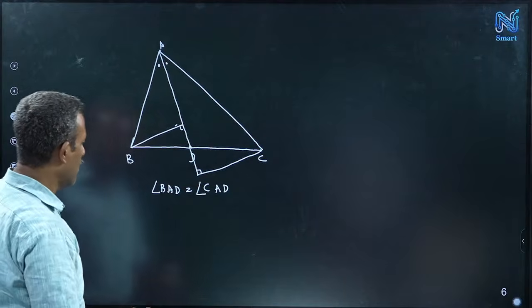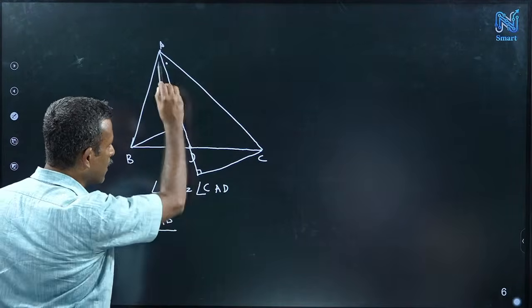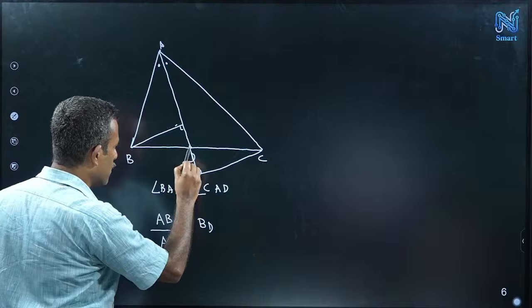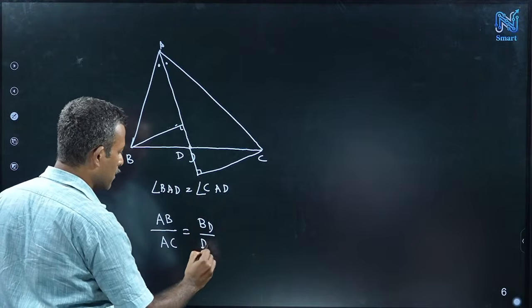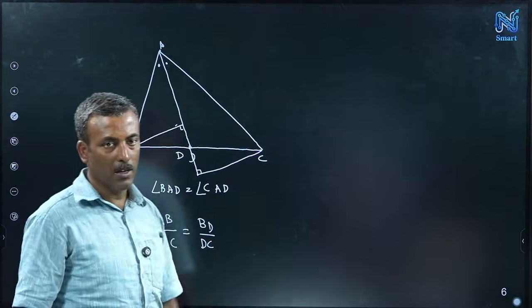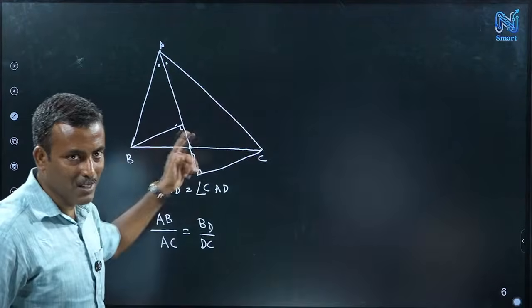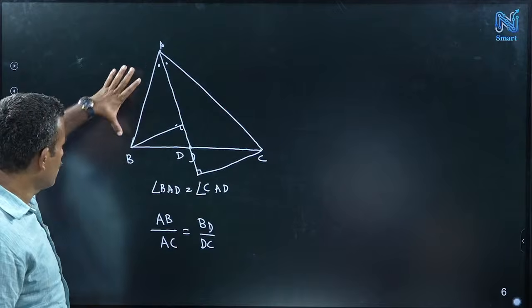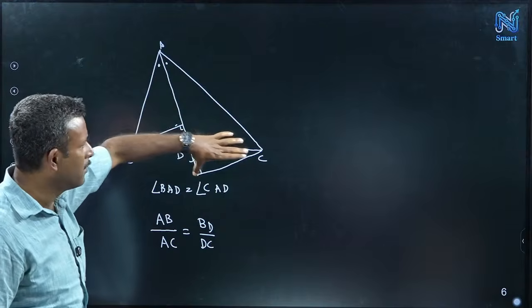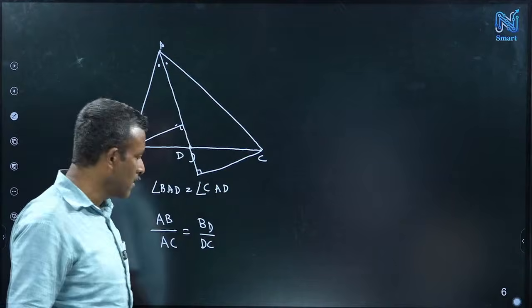So from that we can easily show that AB by AC is same as BD by DC, where this point is D. So the angle bisector divides the opposite side in the same ratio as the 2 corresponding sides. You can easily prove that using these 2 similarities, and again with these 2 triangle similarities, this divided by this is the same as BD by DC, right?